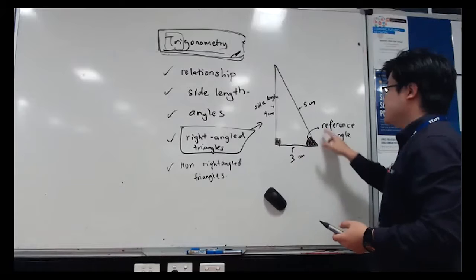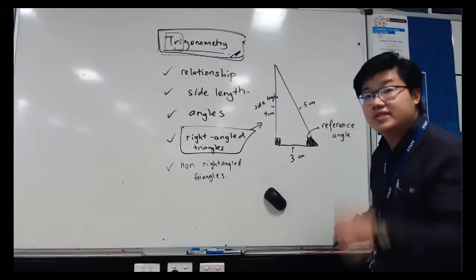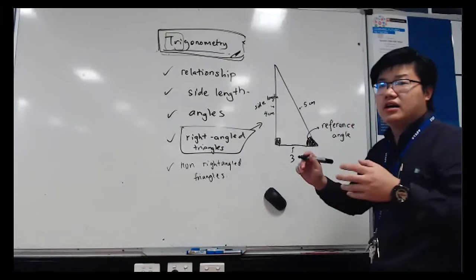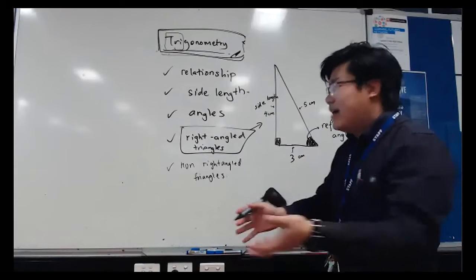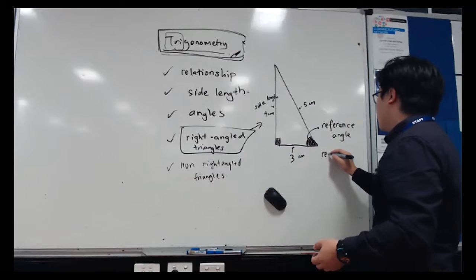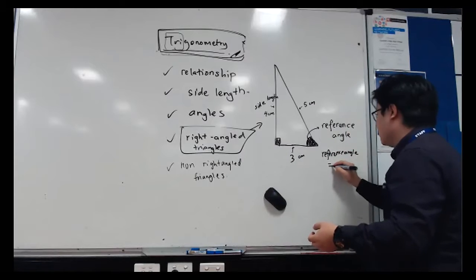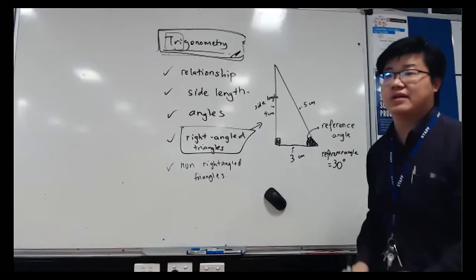It has a symbol that goes with it. I'm a lazy cat, I'm not going to keep writing reference angle every time. I'm going to write reference angle equals 30 degrees, for example.